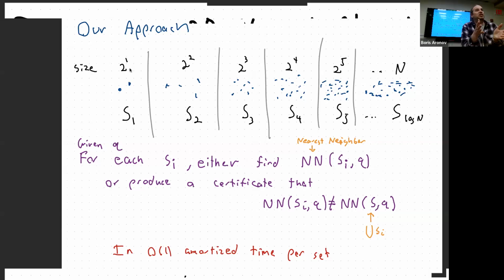In other words, every point in that set is further away than the closest thing I've seen so far, so I don't have to bother to find the closest point. It's not worth it because it's not going to be the answer. Okay? So with this trick, the lower bound doesn't apply because we're not finding the closest point in every set.